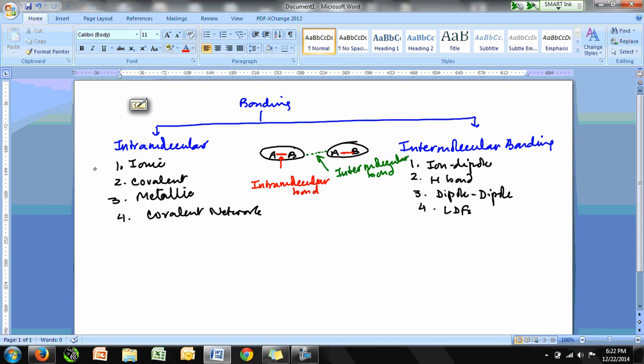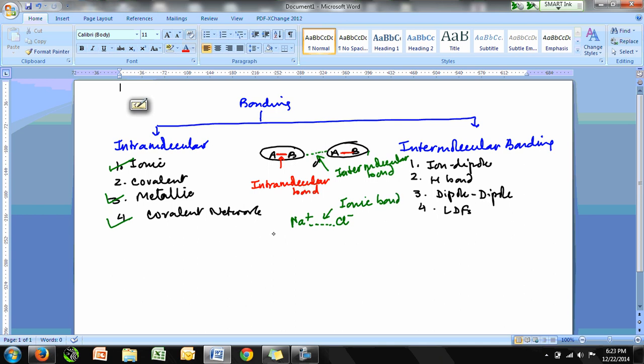However, in more cases than not, for example, in ionic, metallic, and covalent network bonds, intramolecular and intermolecular bonds are one and the same. Let's take an example of the sodium chloride formula unit, NaCl. Sodium ions and chloride ions attract each other through electrostatic attraction, and that is what we call an ionic bond.